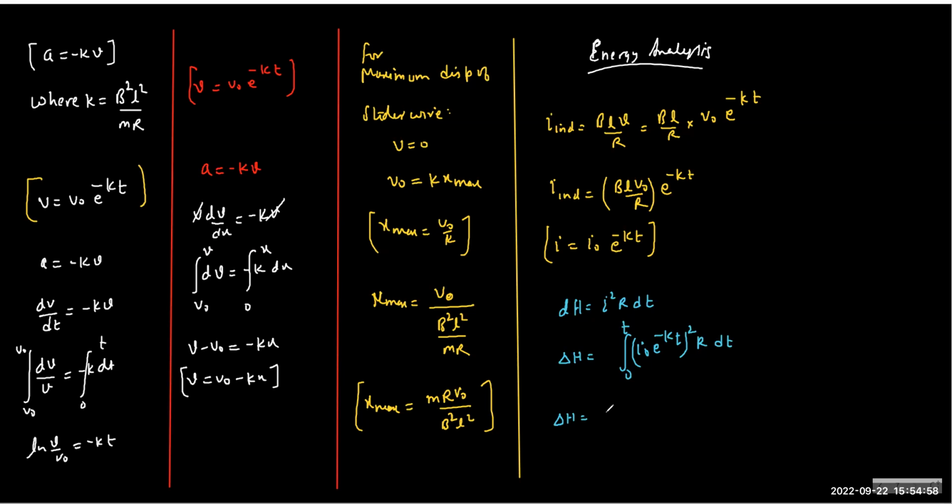So this is basically I naught square R, and the power becomes double, so 2kt. And the moment you express it, you will get the answer as I naught square R upon 2k times 1 minus e power minus 2kt, and the k you can replace. That's totally okay.